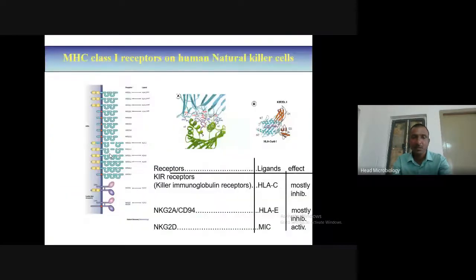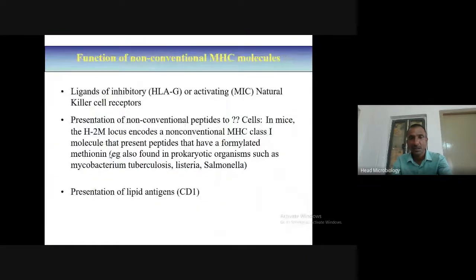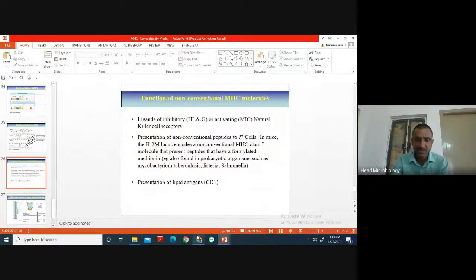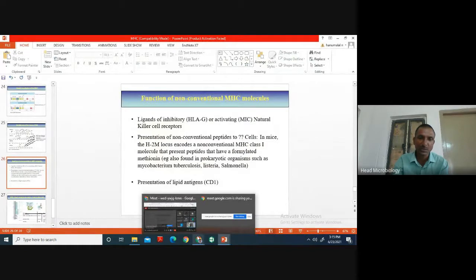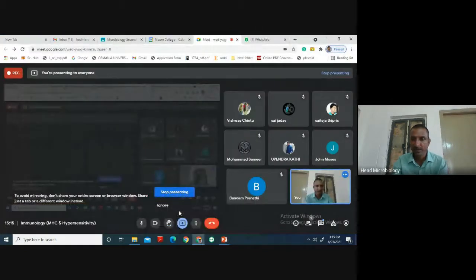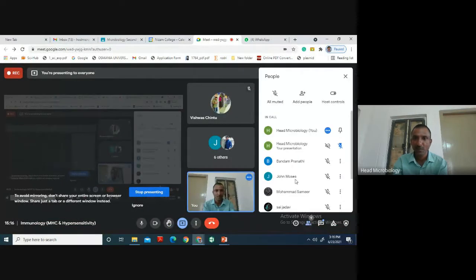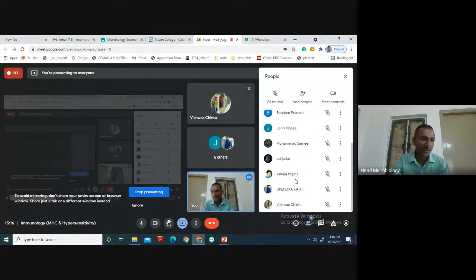This is the major histocompatibility complex. In this lecture, the structure is the most important from the examination point of view. Okay, this is MHC class 1.